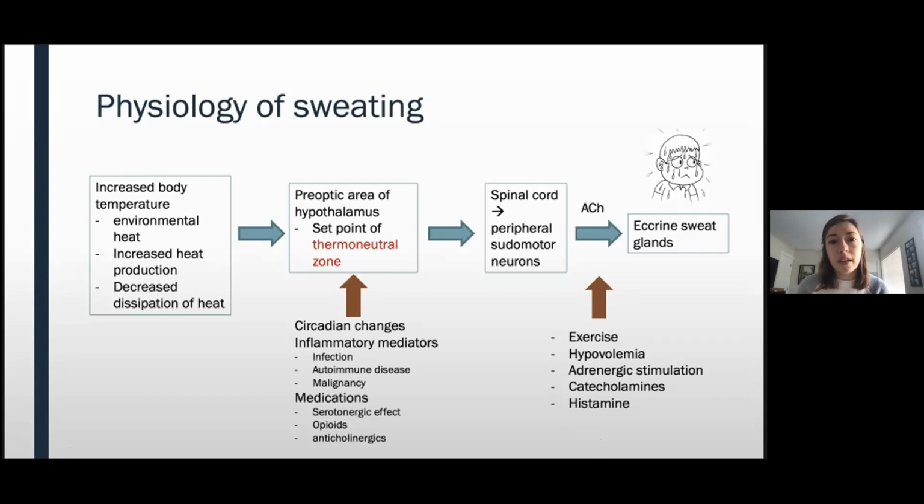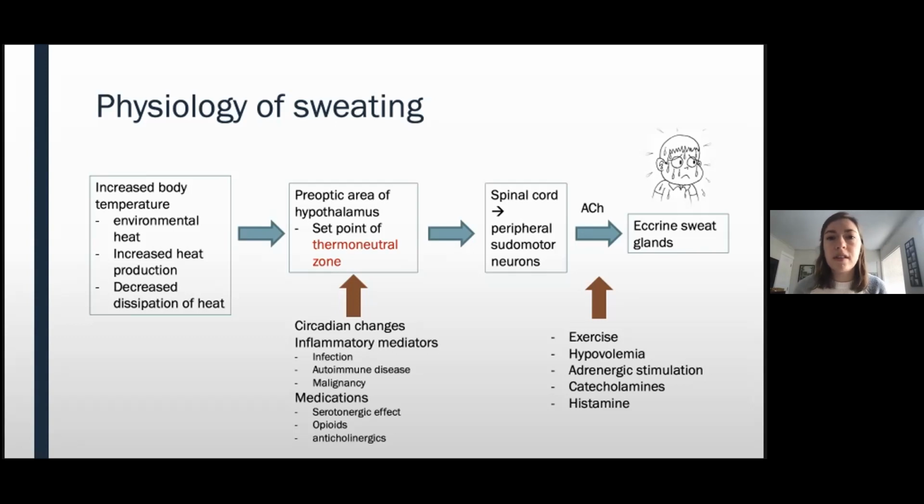That causes us to sweat. This peripheral response is impacted by other things as well, and not just this input from the hypothalamus. Exercise, hypovolemia, and adrenergic stimulation with catecholamines can also impact the peripheral sweating response. And then mast cell degranulation with histamine release can also cause us to sweat.